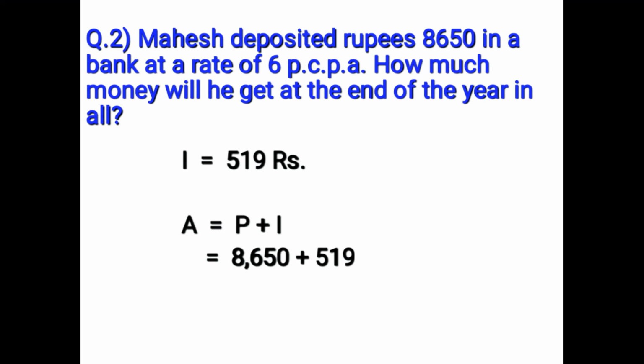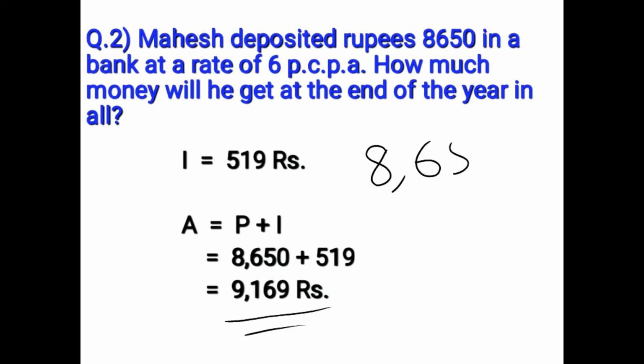So in place of interest you take 519, which you got as the interest answer after calculating with the simple interest formula. 8,650 plus 519, add it. I'm getting the answer 9,169.